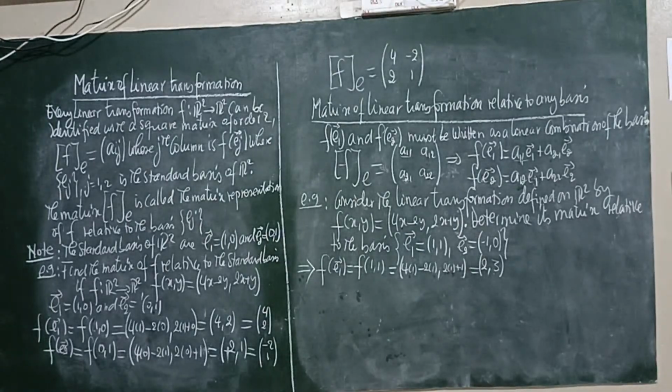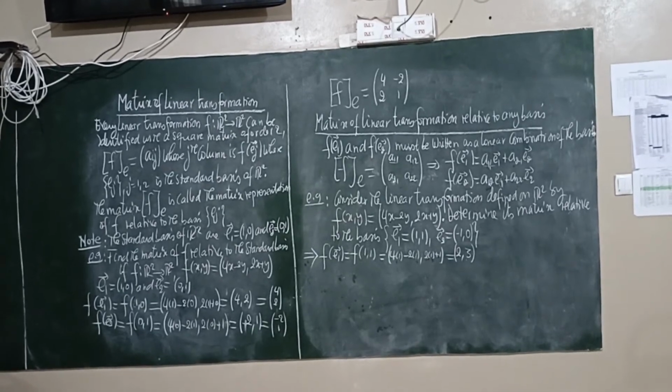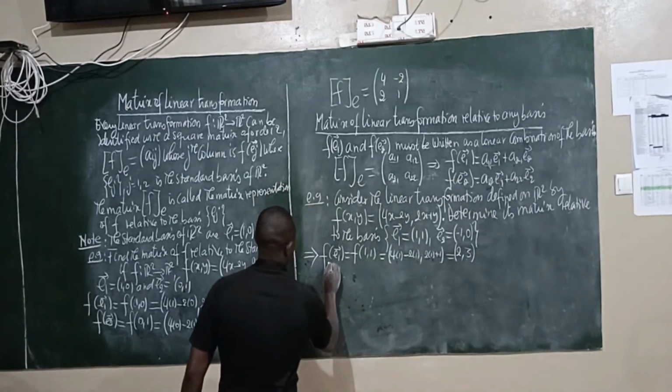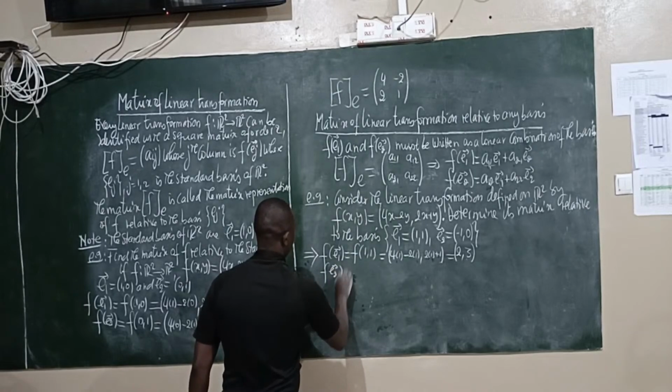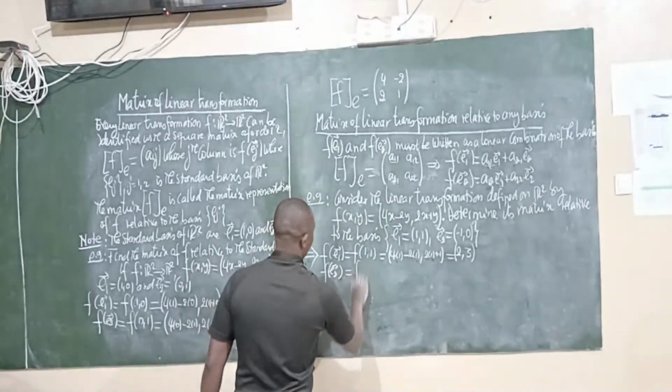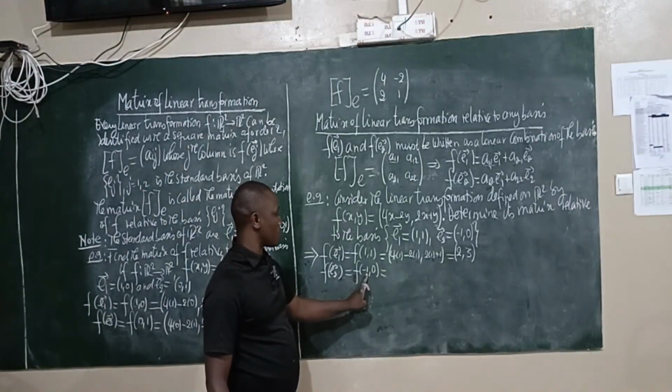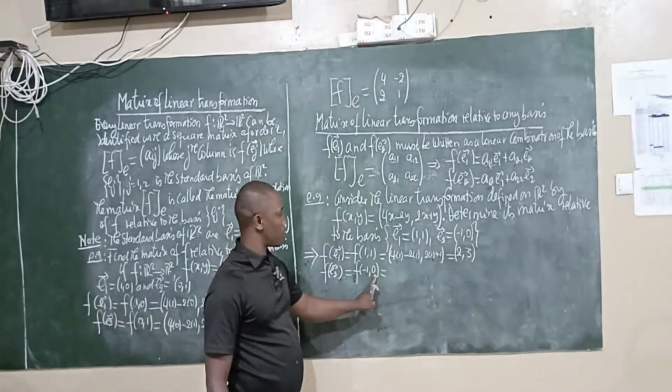So, the next is f of E2. What is f of E2? This is going to be f of (minus 1, 0). X is going to be replaced by minus 1, while y is going to be replaced by 0.